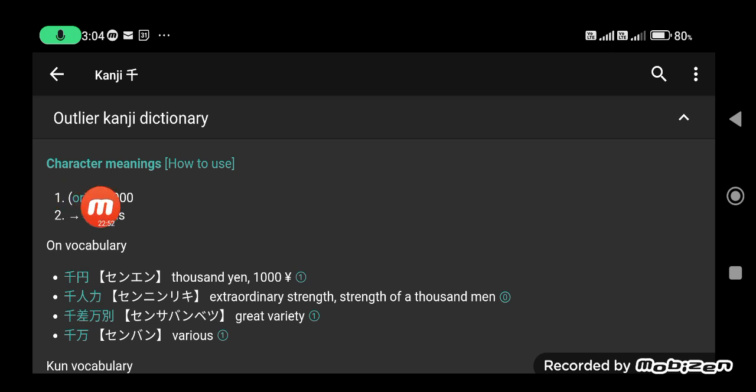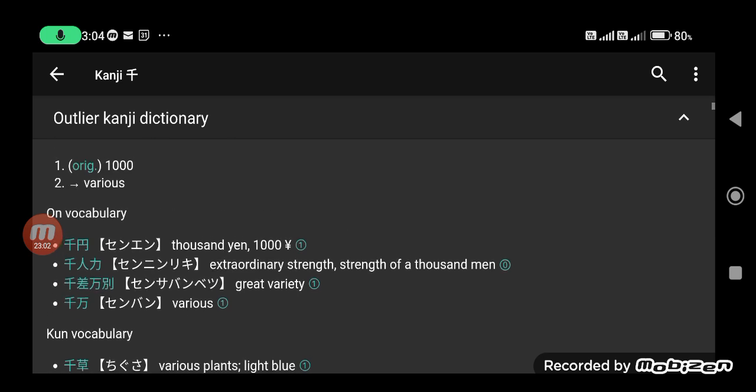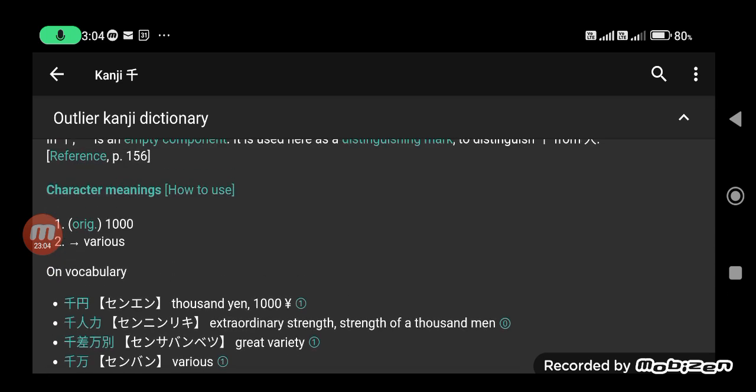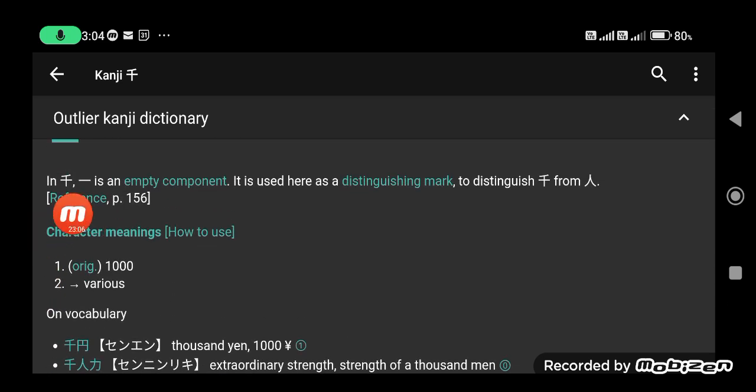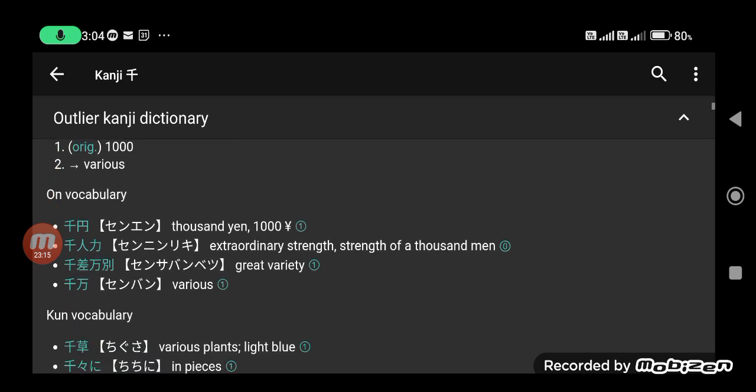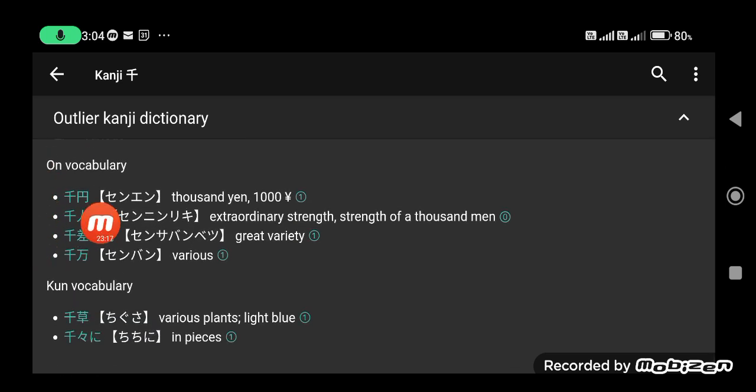So how to use it? The original meaning, the ancient China meaning, is 1000, and the derived meanings are various. Even up to now, this kanji, our subject kanji, still means 1000 even after so many centuries in China, and when adopted in Japan it still means 1000. So sen yen, 1000 yen.